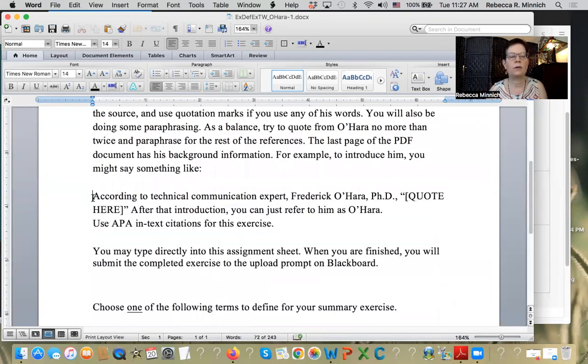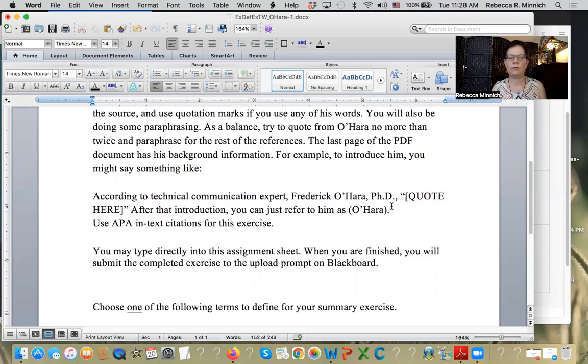So here's a good example of a source introduction. According to technical communications expert Frederick O'Hara, PhD, and then you can quote him after that. Now, if you quote from him more than once, after you introduce him with a full source introduction the first time, you can just refer to him as O'Hara. You can also finish your second quote simply by putting O'Hara's last name in parentheses, like so.